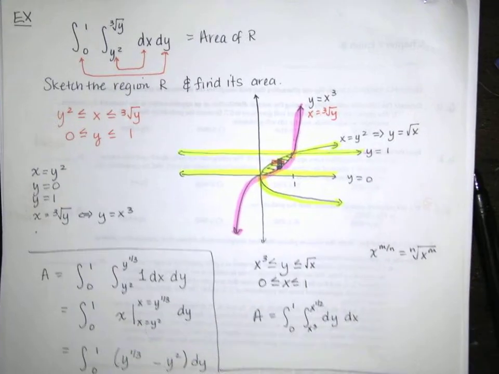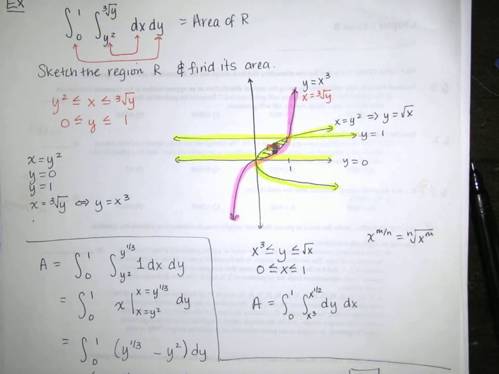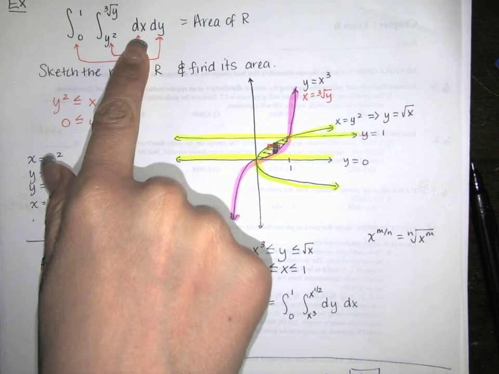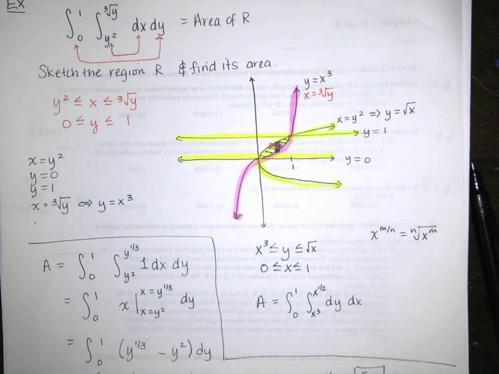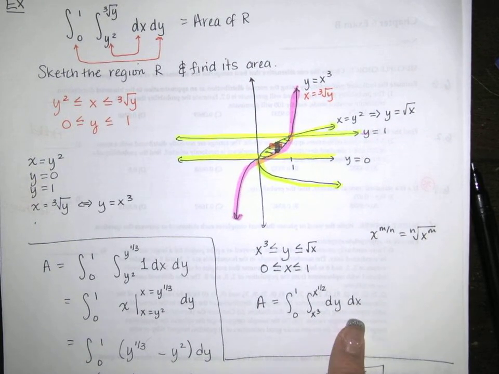But that's how we represent area with double integrals. Now there are some problems that are easiest written this way, integrating with respect to x first and then y, or easier written this way, integrating with respect to y first and then x. Again, let's bring those pictures back.